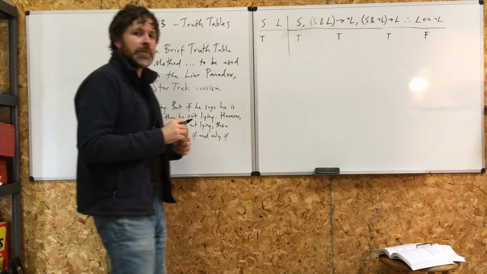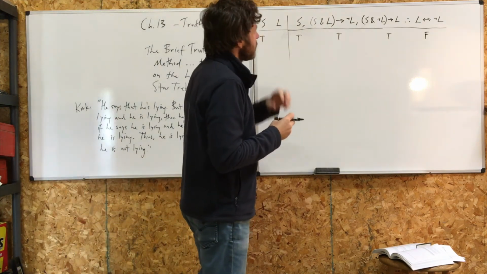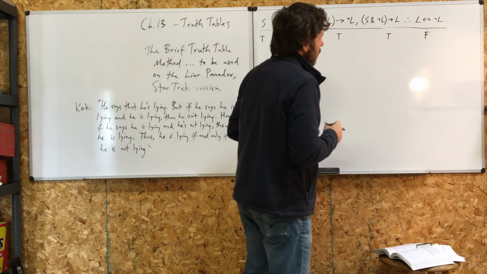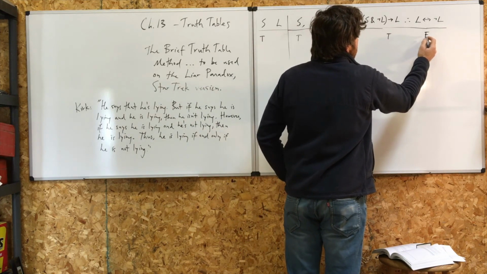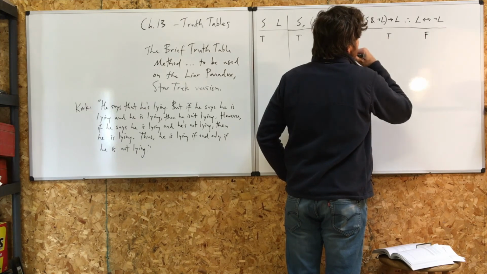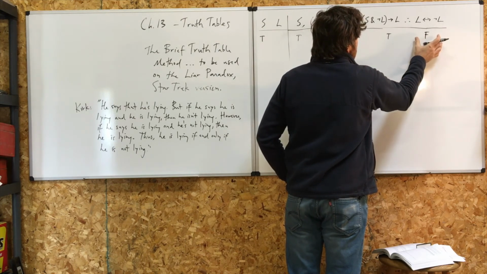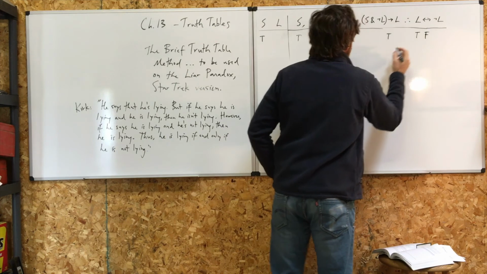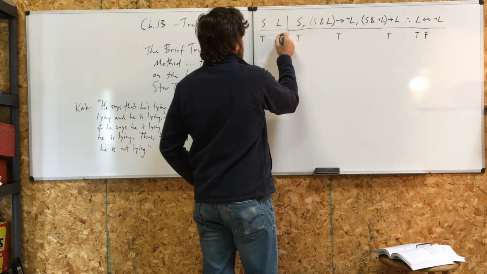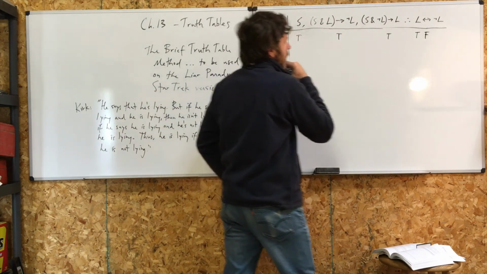Remember, that's how the brief truth table method works, to be false. Okay. To make this false, all right. Well, there's two different options here, but let's try one. L being true.